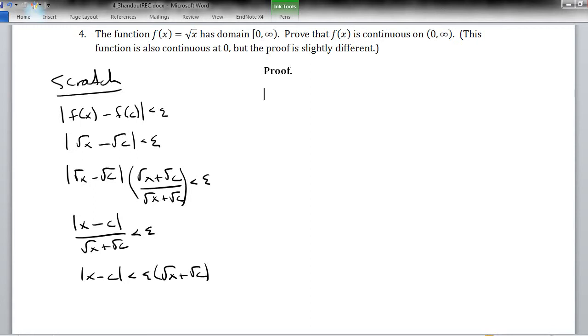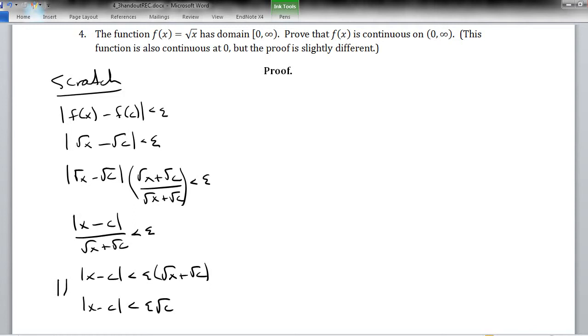Now the temptation at this point is to say, okay, there's my delta on the right-hand side. The problem is that delta is not allowed to depend on x. It's okay if it depends on c, but not on x. And so what we want to notice is that if we just drop that x term from the right-hand side, so that we have epsilon times square root of c, if this last inequality is true, then the one before it is as well, because this right-hand side is always greater than or equal to the one below.